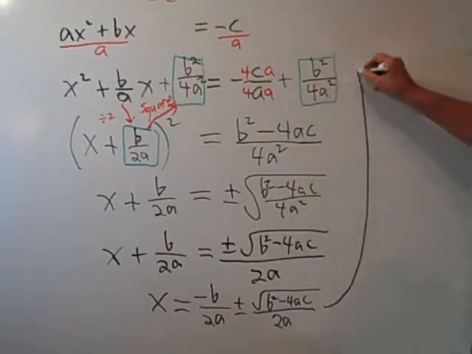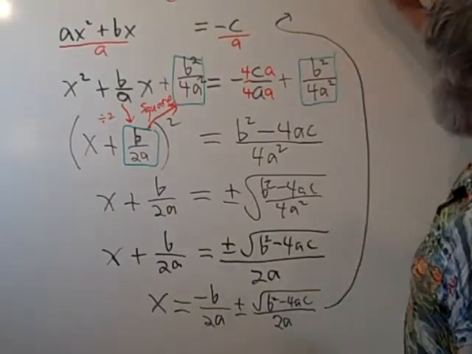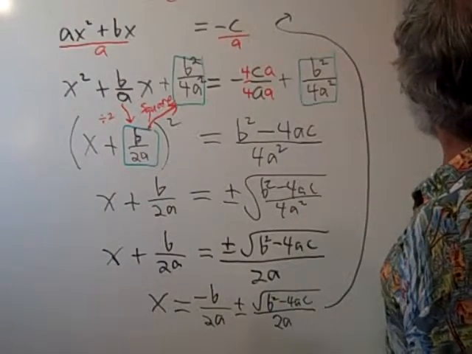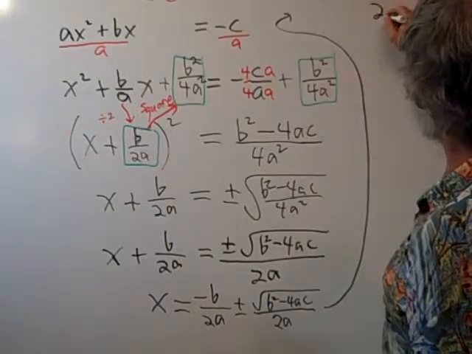And so putting that together, you get that x is equal to negative b plus or minus the square root of b squared minus 4 times a times c, all divided by 2a.